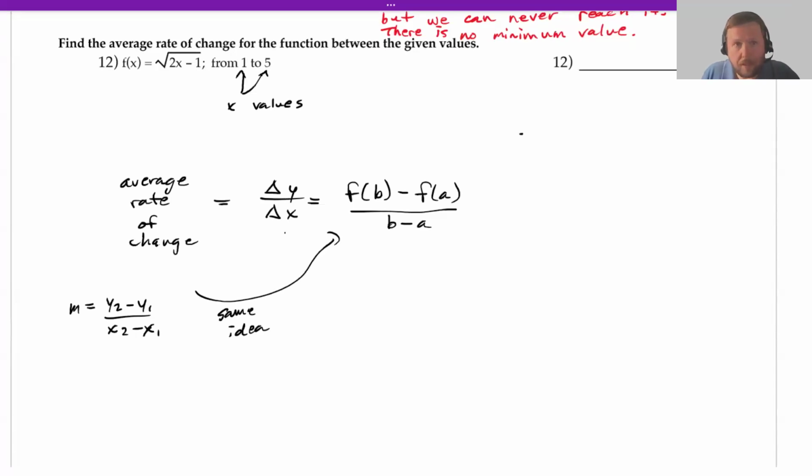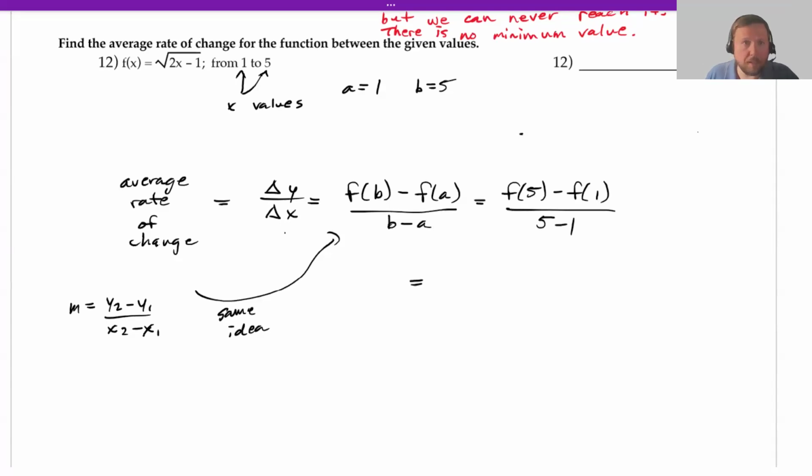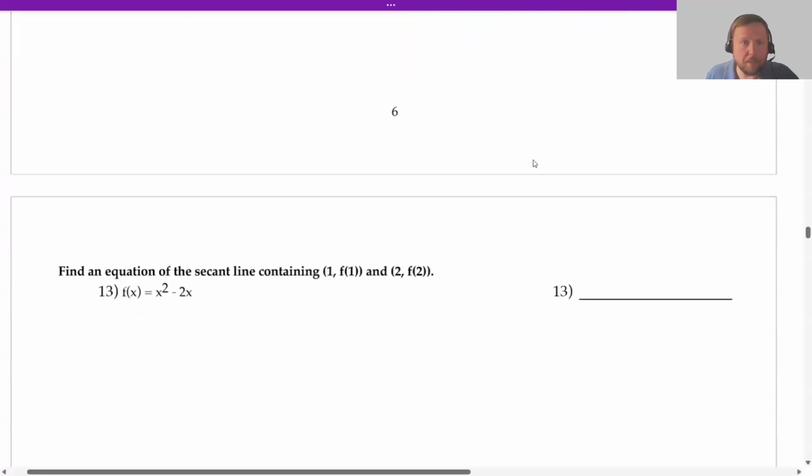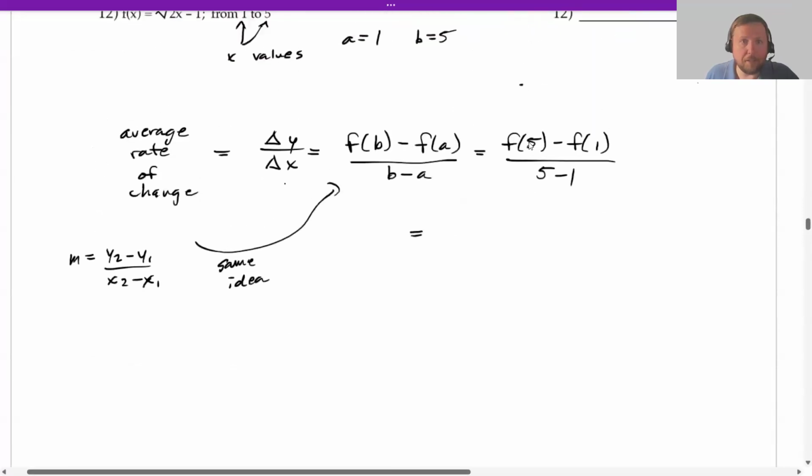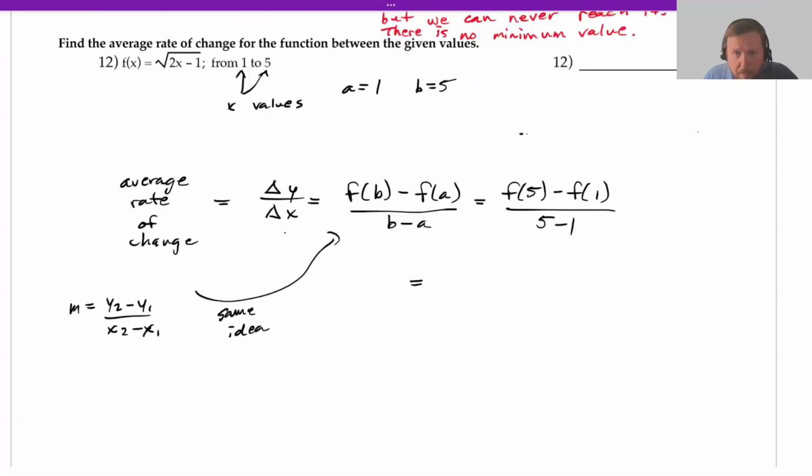So now we can say that A is 1 and B is 5. Then we have f of 5 minus f of 1 over 5 minus 1. You can plug it all in at once. For this one, I don't see them asking for a secant line, so we can just play them where they lie.